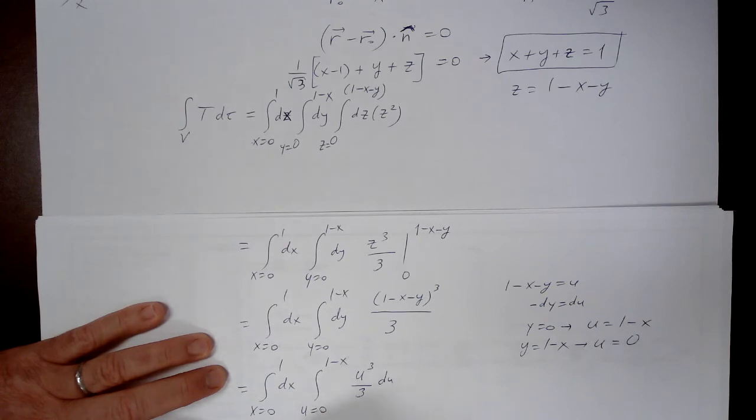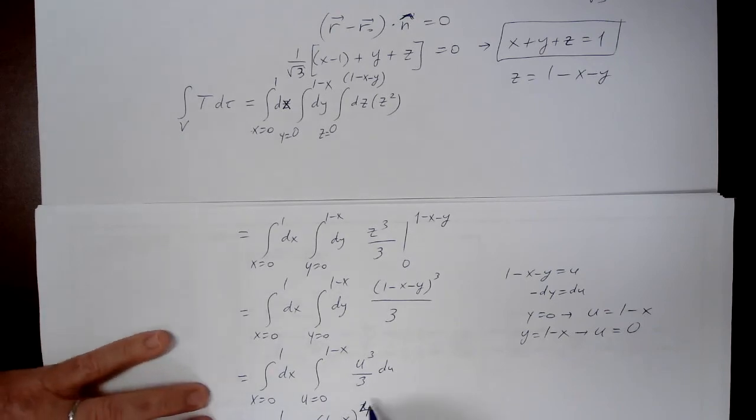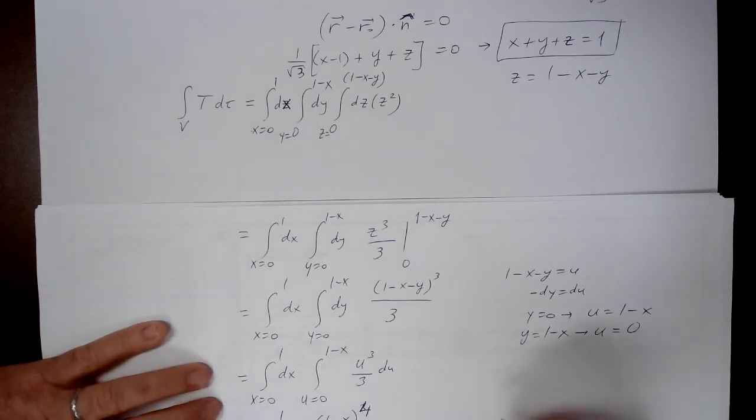Let's do that. x equals 0 to 1 dx. If you do this, you'll get u to the 4th over 4, so (1 minus x) to the 4th over 12. And now the final integral. Again, we can expand this, or we can do a u substitution.